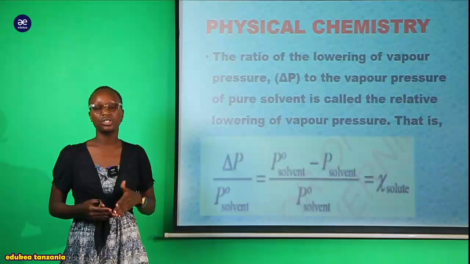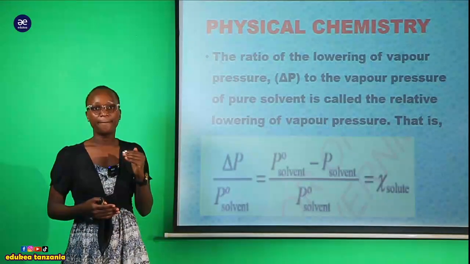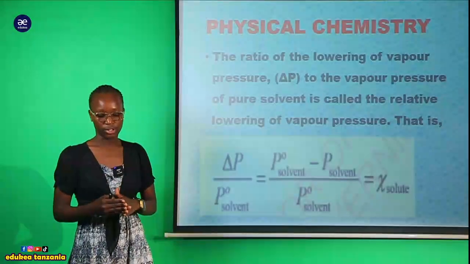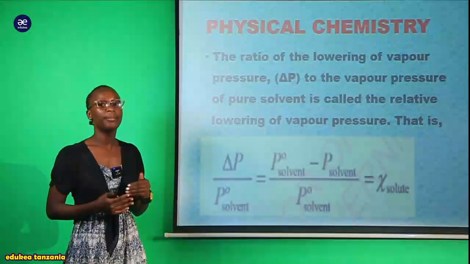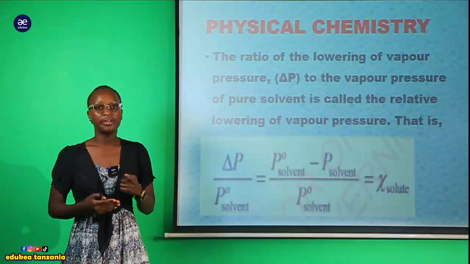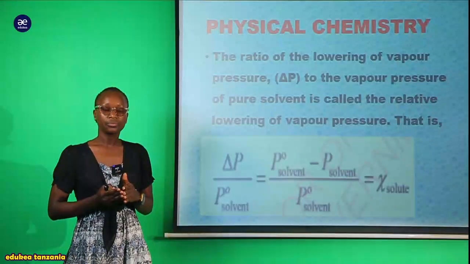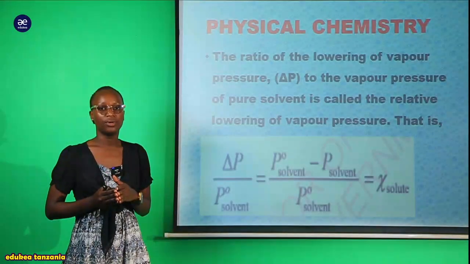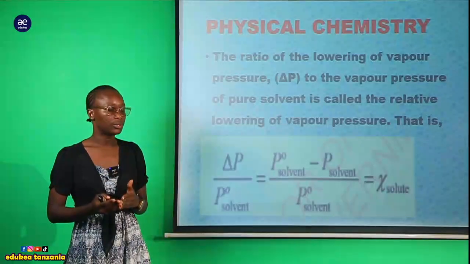In the previous session we started looking at the issue of vapor pressure, lowering the vapor pressure. Today we are proceeding with some of the formulas which will help us use this concept of lowering vapor pressure in the determination of the molar mass of the solute compound.